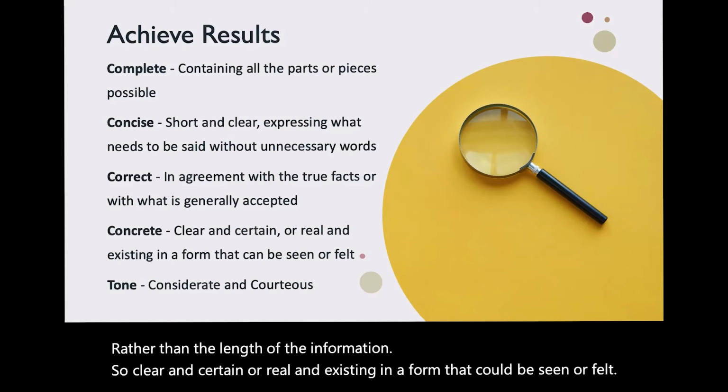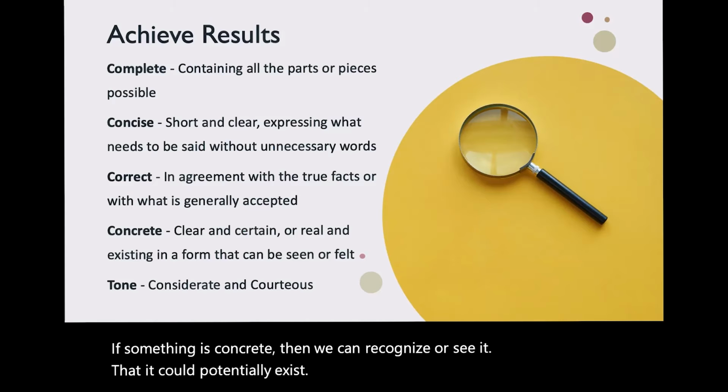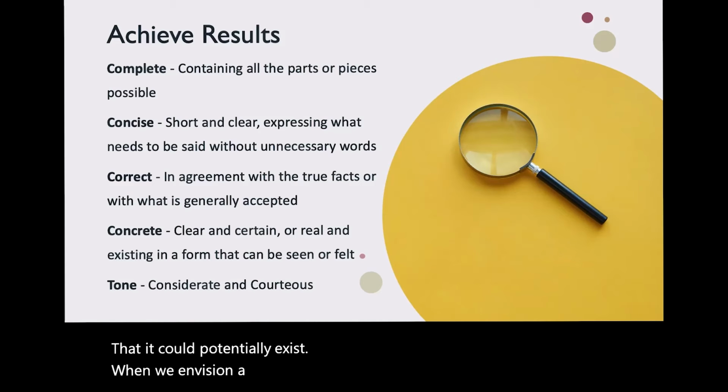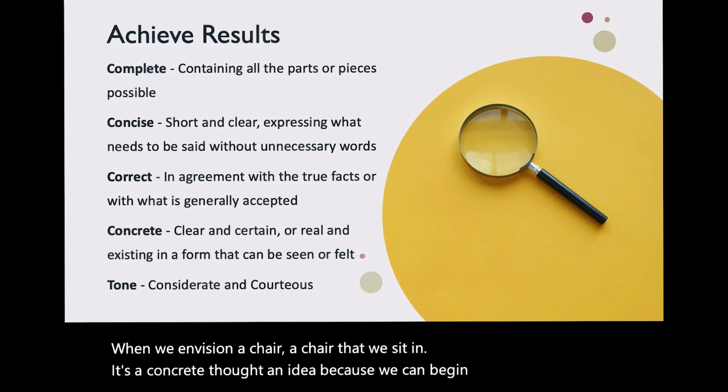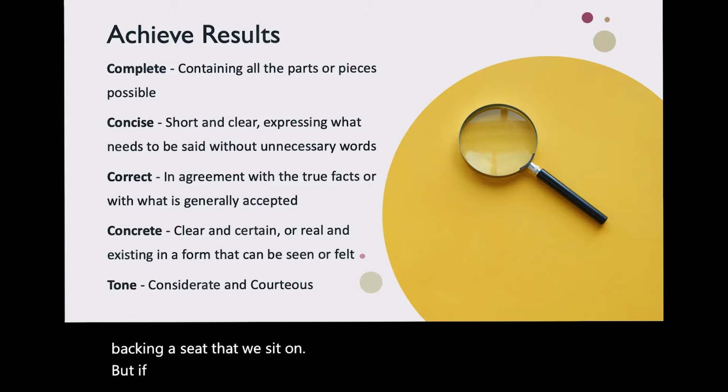If something's concrete, then we can recognize or see it, that it could potentially exist. When we envision a chair that we sit in, it's a concrete thought and idea because we can begin to envision 4 legs, a backing, a seat that we sit on. But if it's clear and certain, we can say it's concrete.